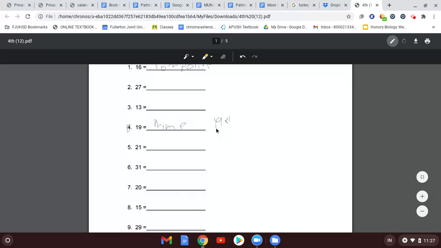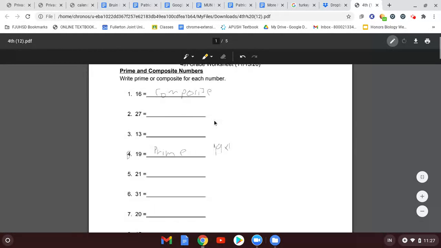So another definition for prime numbers is that the only numbers that can make the number are the number itself and 1. As you can see, the only numbers that can make 19 are 19 times 1. However, 16 times 1 is one way you can get 16. You can also get 16 by doing 2 times 8, 4 times 4, and that's it.